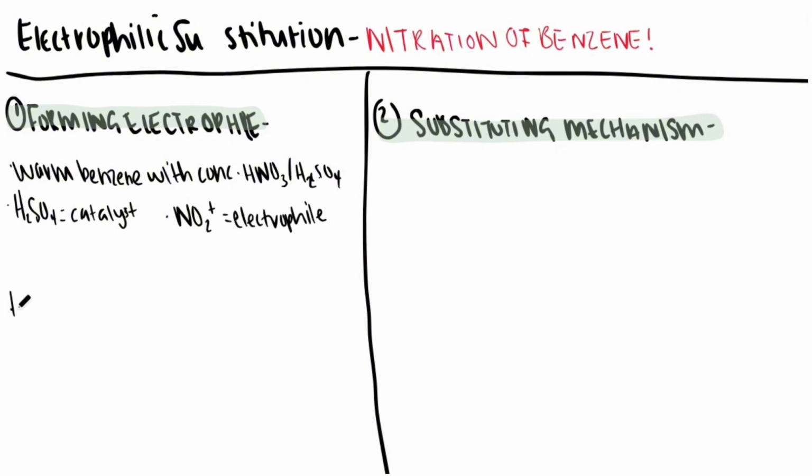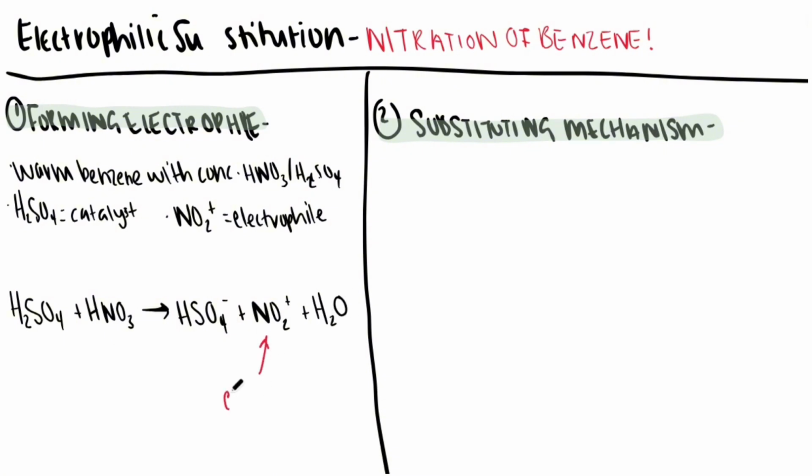So H2SO4 + HNO3 gives us HSO4- + NO2+ + H2O. Now our NO2+, our nitronium ion, is our electrophile because it has a positive charge and it accepts a pair of electrons.